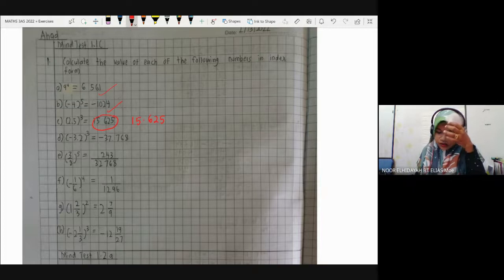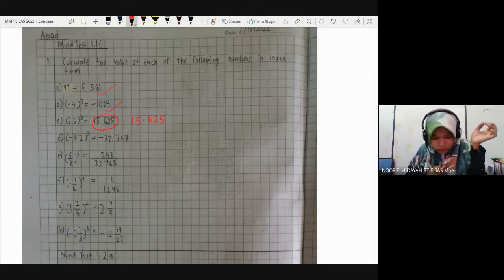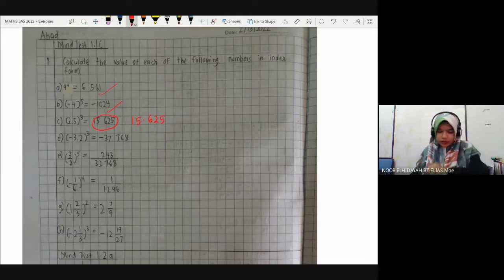Then negative 3.2 to the power of 3. Answer is negative. Betul kan ni? Check balik. Guys, adakah awak dapat sama? Negative 3.2 to the power of 3, what's your answer? Negative 32.768.